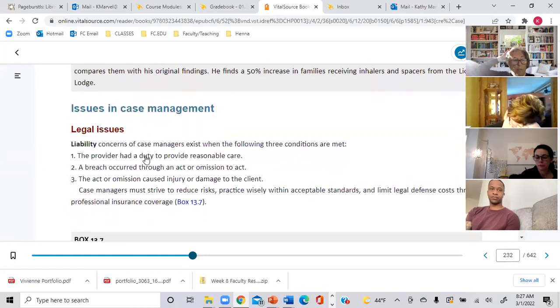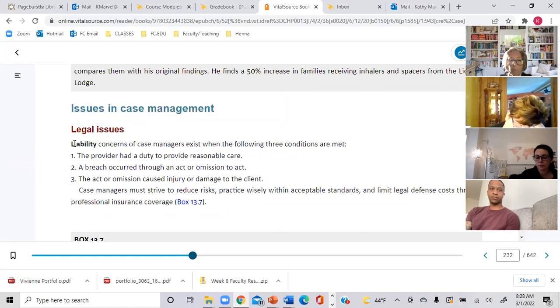And then as in the last chapter, there can be issues in case management. Okay, and here's that liability we talked about. Liability concerns of case managers exist when the following three conditions are met. Okay, so we had a duty to provide reasonable care. Some kind of a breach occurred through active omission to act. The act or omission caused injury or damage.